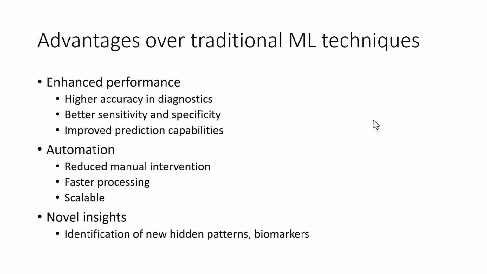Now, when I say novel insights, what do I mean? Again, I'm repeating, it's capable of identifying new hidden patterns and biomarkers to identify or classify or detect a particular disease. So if there is something consistently present across samples, deep learning has the ability to associate and then identify the hidden patterns.